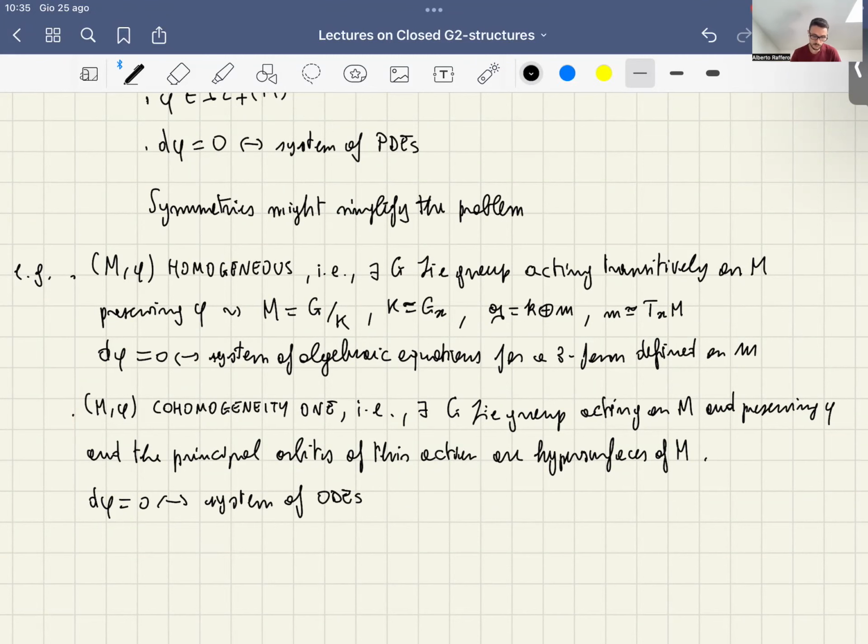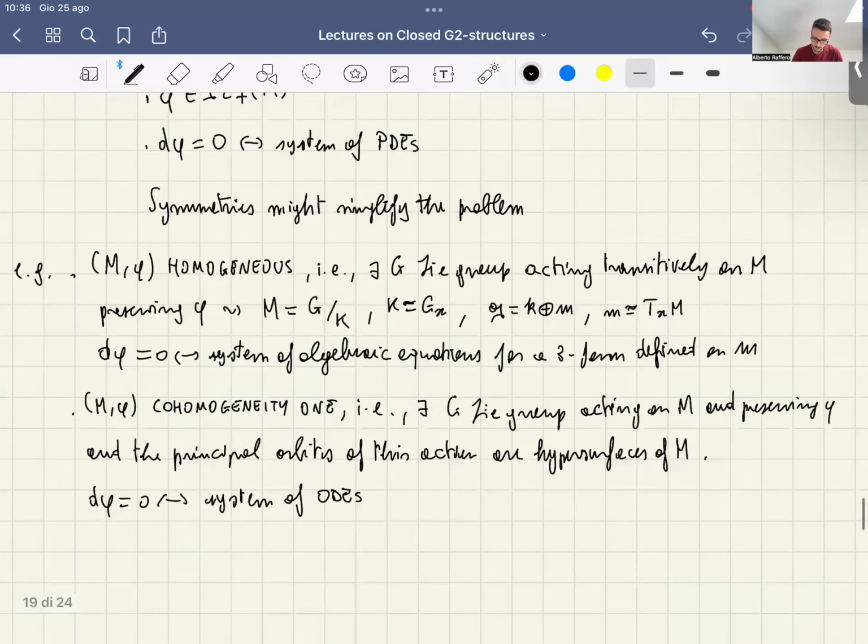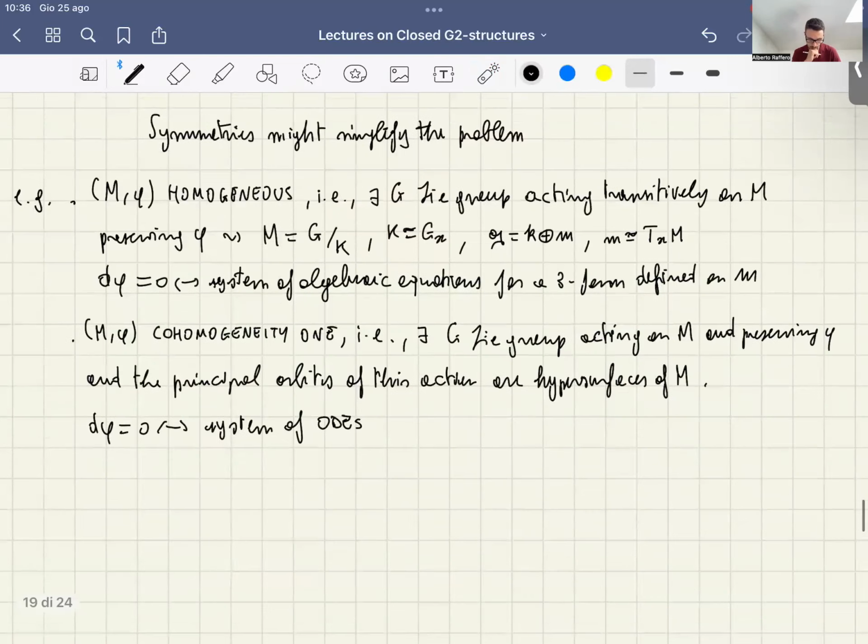And so in particular, in both cases, you have simplified in principle your problem, starting from a PDE problem, in one case to a problem of solving some algebraic equations, and in another case, you have reduced it to a problem of solving a system of ODEs on the manifold. Of course, both problems might be highly non-trivial also in this setting, but in principle, they look simpler than the first case, the general case.